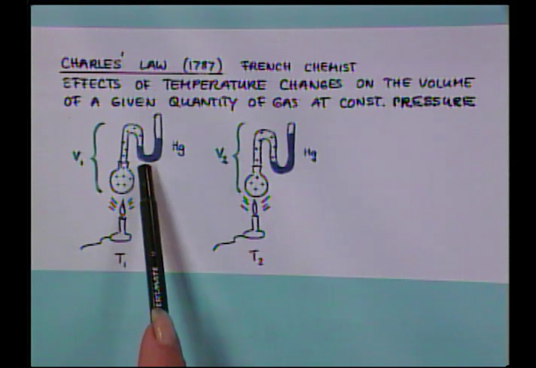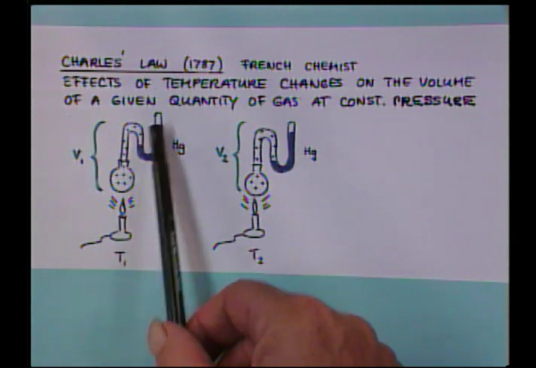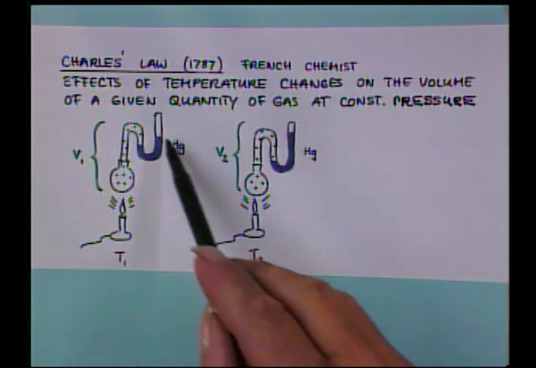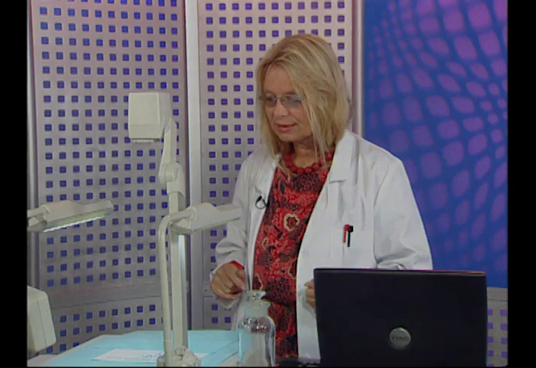And here we have some pushy mercury atoms that can easily move out of the way and creep up into that little vacuum space here that is typical for the manometers. So even if it would be a rigid container wall, the pressure would build up. But here we have a flexible wall, so to speak, so the pressure is unchanged before and after the experiment. So we can say pressure is constant.